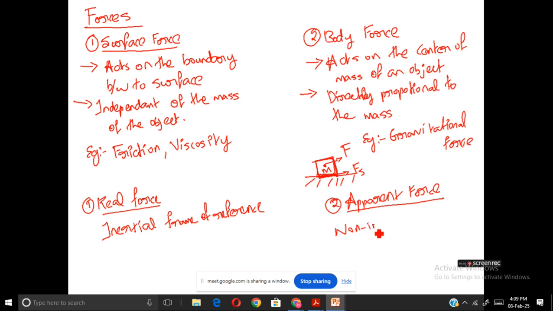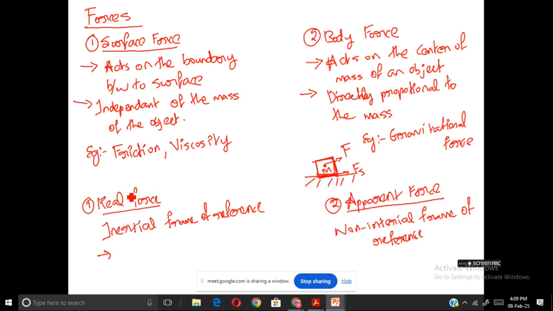And apparent forces come into play when we are considering a non-inertial frame of reference, which is moving with acceleration. So Newton's laws are valid in an inertial frame and are not valid in a non-inertial frame.